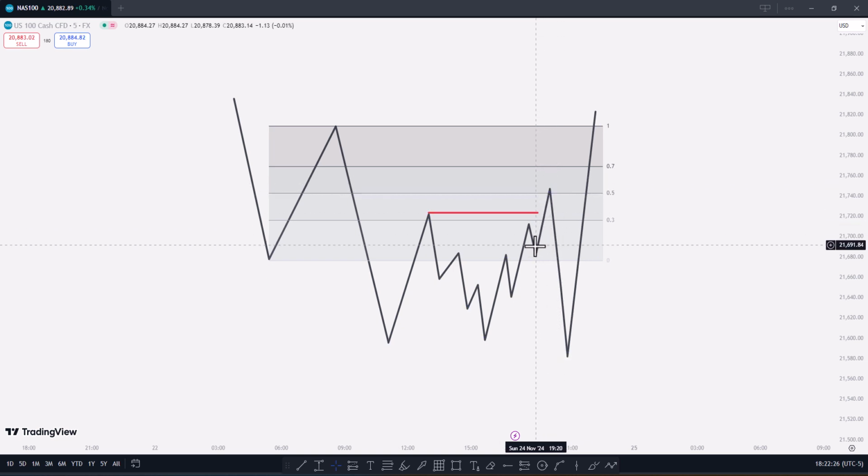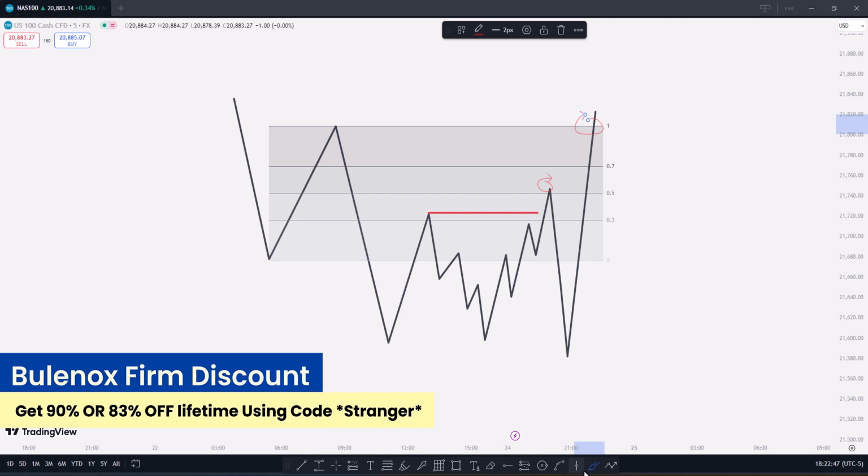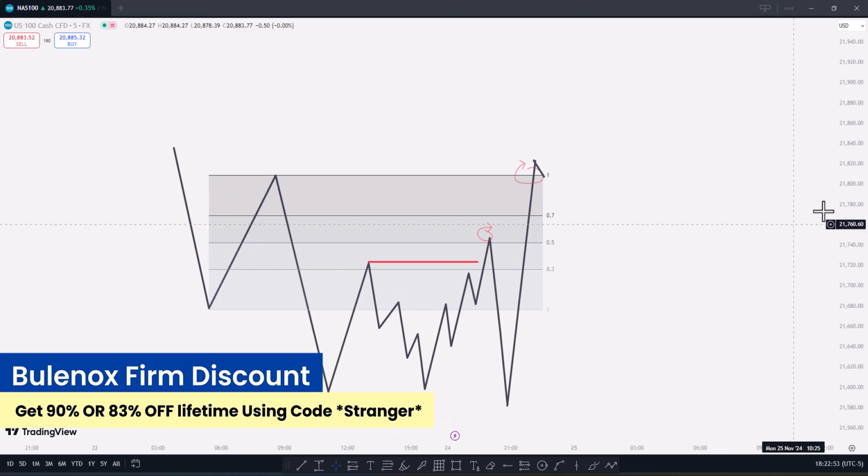Unlikely, especially after the break of this low right here. There is, I'm not gonna say no chance, but there is a small chance of price going all the way to here and especially breaking this zone. So we have the break of this and also the break of this zone. Now this by itself is a powerful indication that we're gonna shift from bearish to bullish.